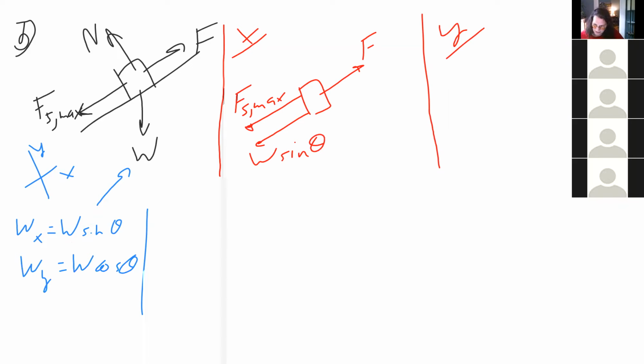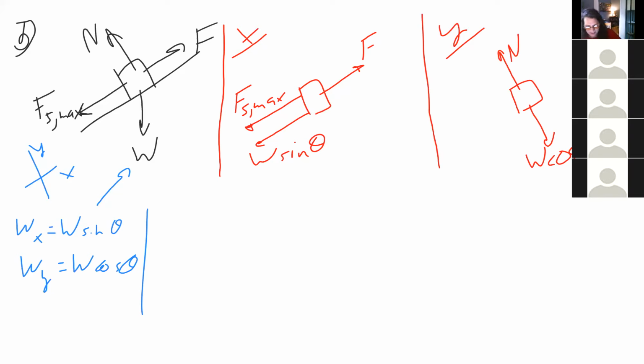And then for the y dimension, that'll be perpendicular. Upward, we have the normal force. And downward, we have just the y component of the weight, which is the weight times the cosine of the angle theta.